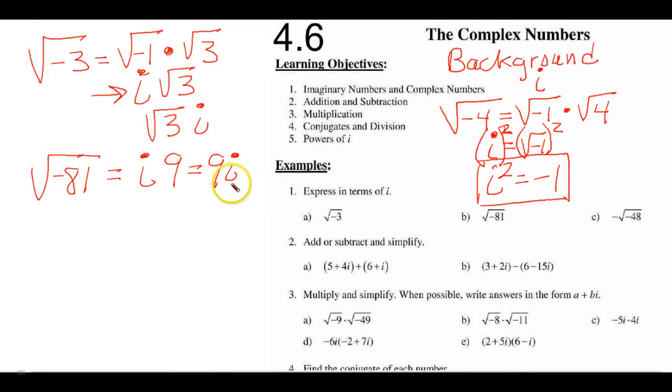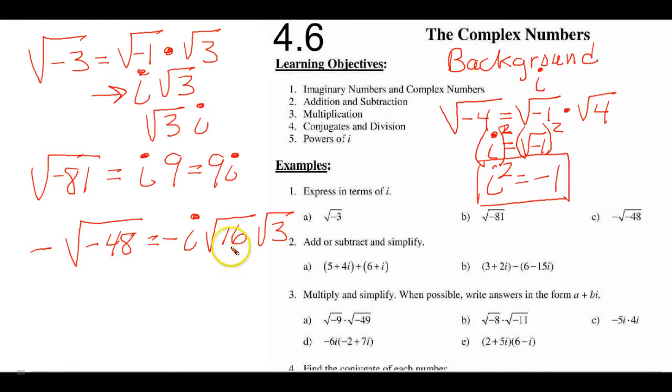Now for letter C, we have the negative, and that's important that we have the negative there, a negative square root of 48. So, again, the negative is there. We're going to take out the I. Then we have the square root of 48, which is actually the square root of 16 times the square root of 3, if you recall. What is the square root of 16? 4.